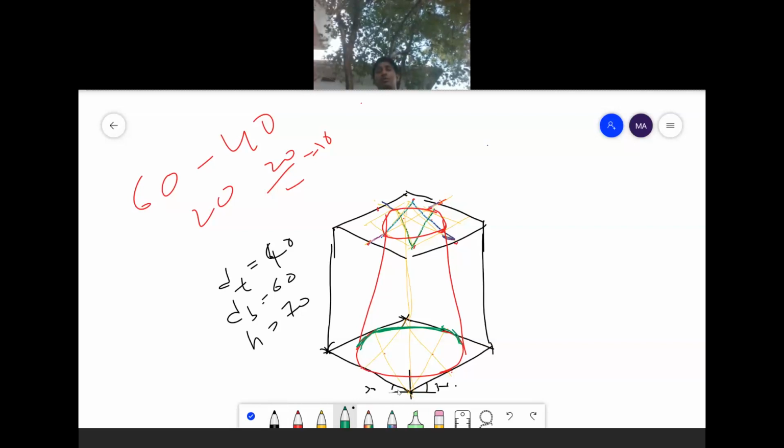Try to draw using your drawing instruments. If you have any doubt, say okay.